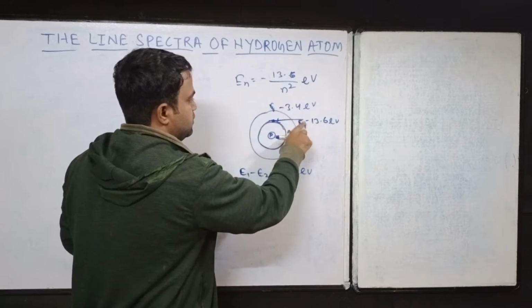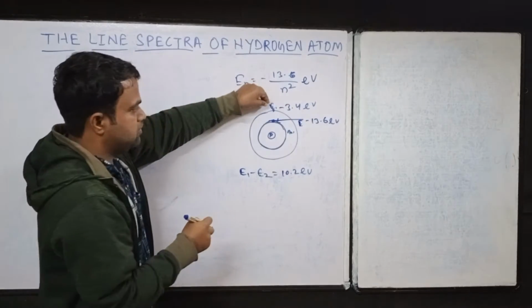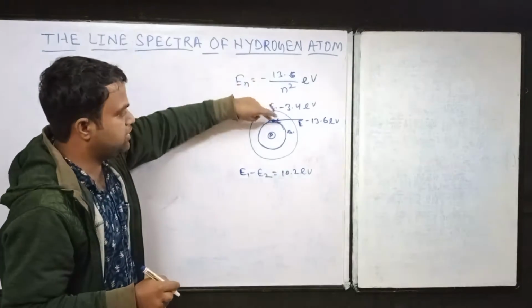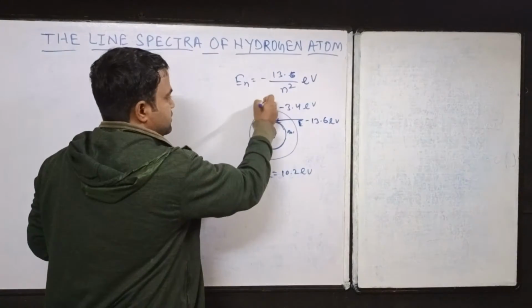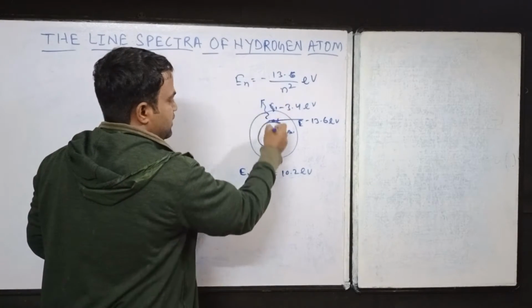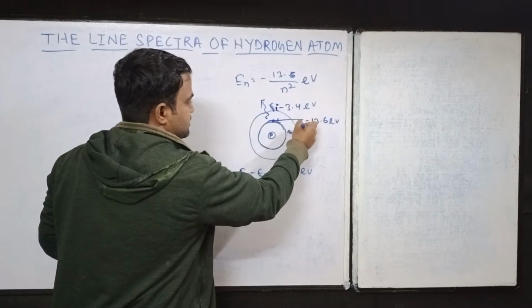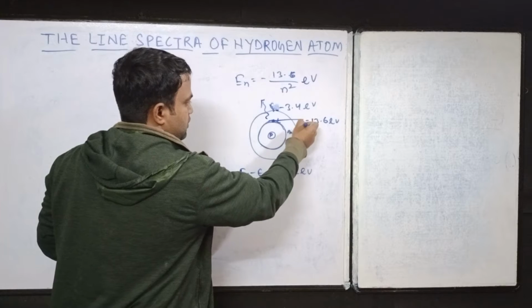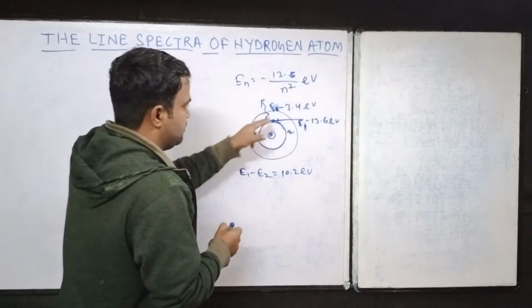Suppose the electron jumps from a higher shell to a lower orbit, it will emit energy. So let's say EI is the initial and EF is the final.